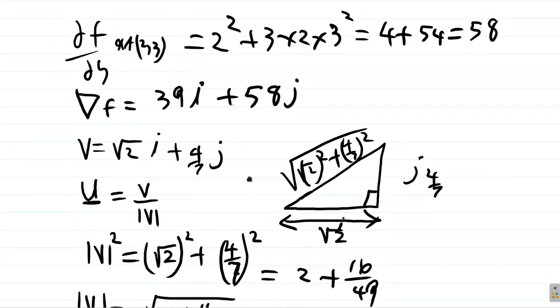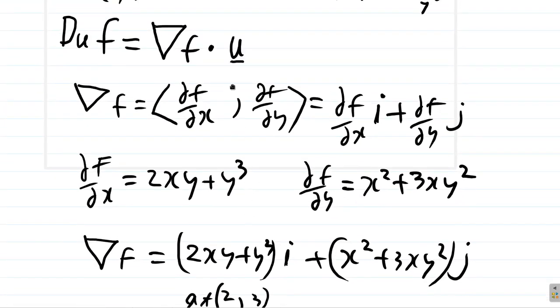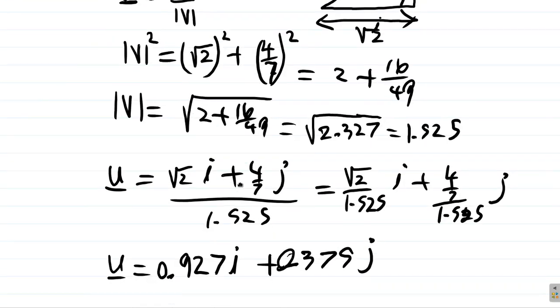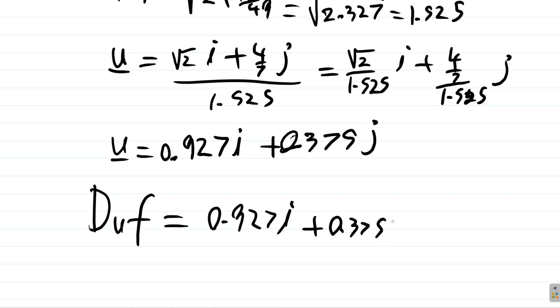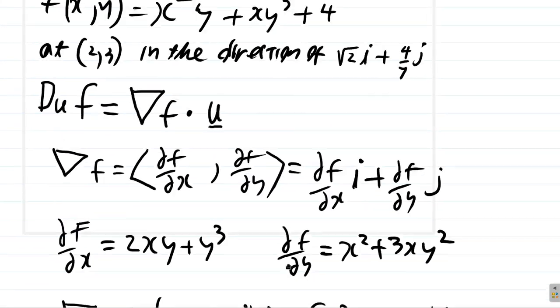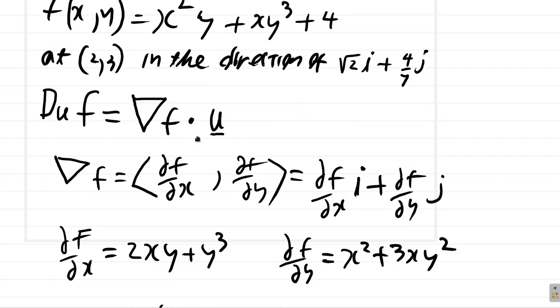Now we want the dot product here. So the directional derivative of the function, Duf, is equal to the unit vector 0.927i plus 0.375j dot, and then what we have is, oh, I had it up here as the gradient vector first.